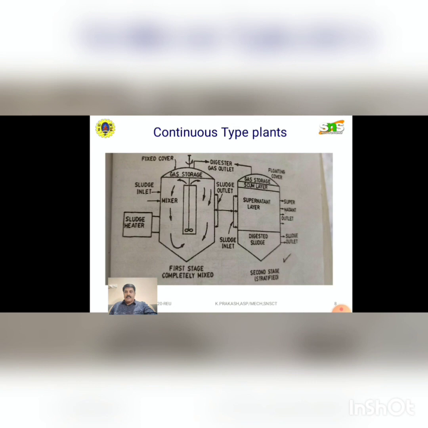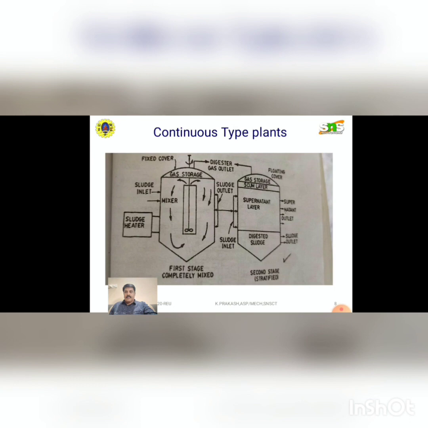In a single chamber or single stage, the acidogenic and methanogenic stages are carried out in the same chamber without any barrier. This is the main difference between single stage and multi-stage. These plants are economic and simple biogas plants.